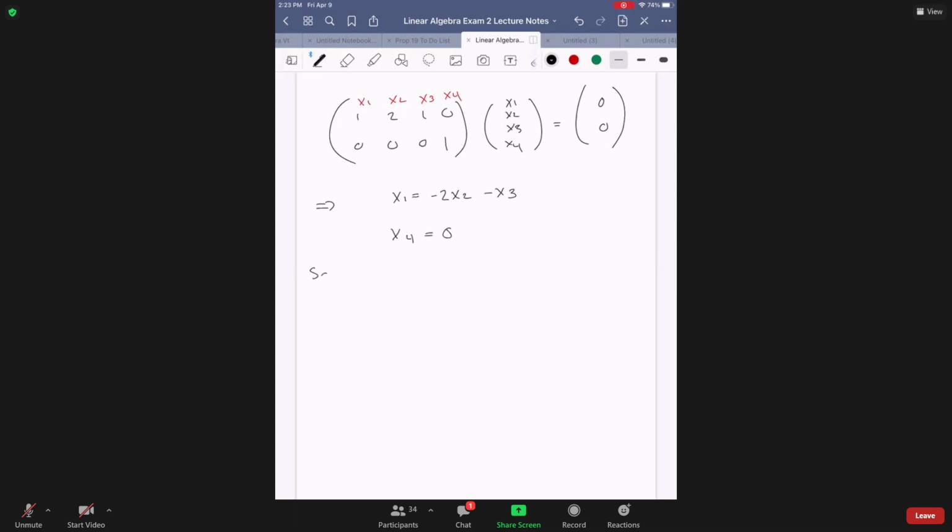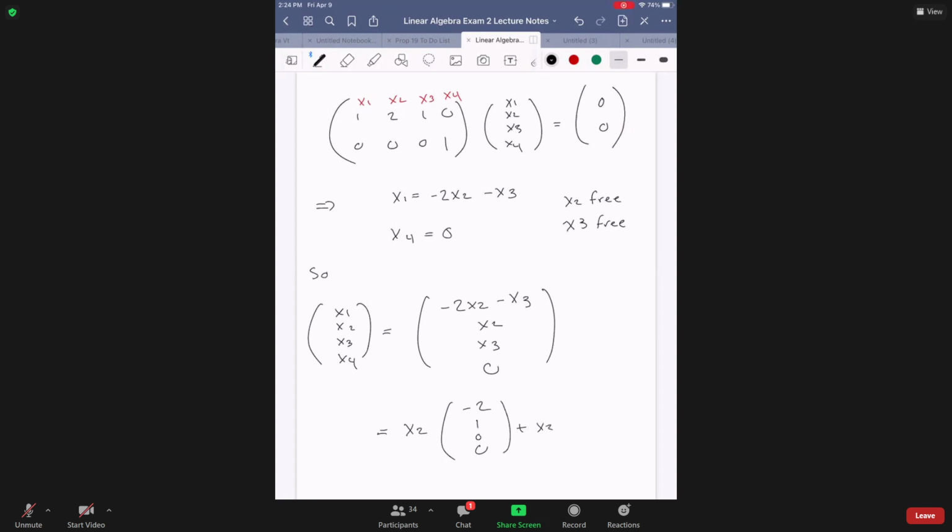So our solution x1, x2, x3, x4 is going to be minus 2x2 minus x3, x2, x3, and 0. Here you can see x2 is free and x3 is free. If you do this, you get x2 times (minus 2, 1, 0, 0) plus x3 times (minus 1, 0, 1, 0).